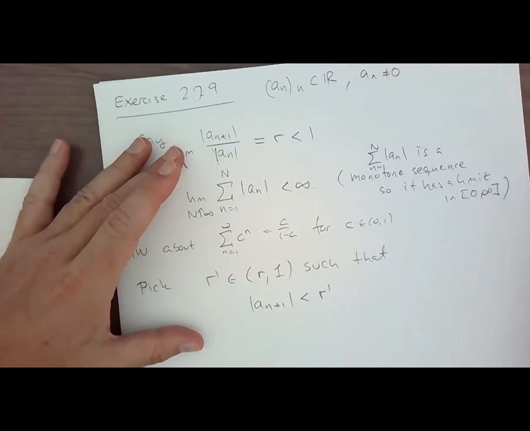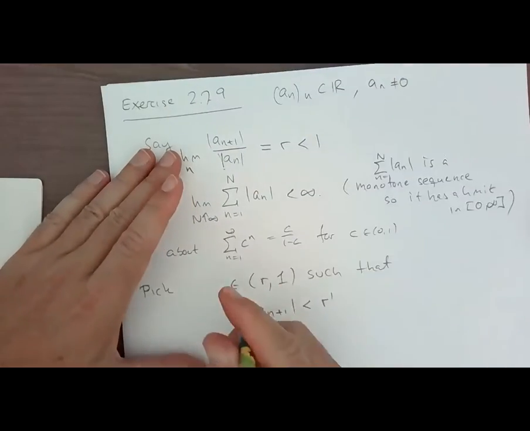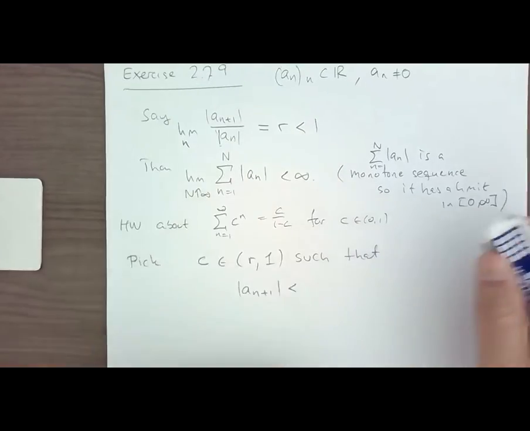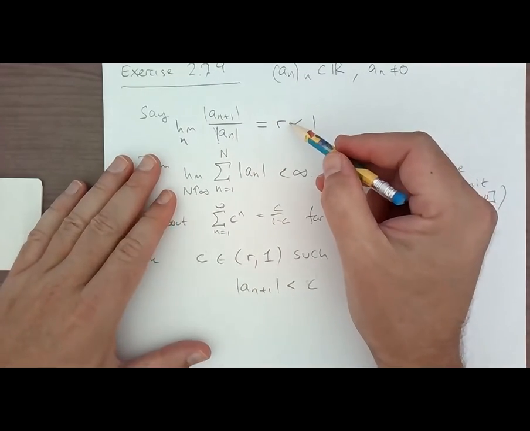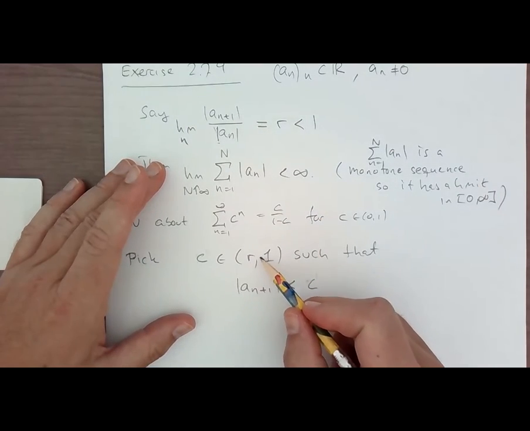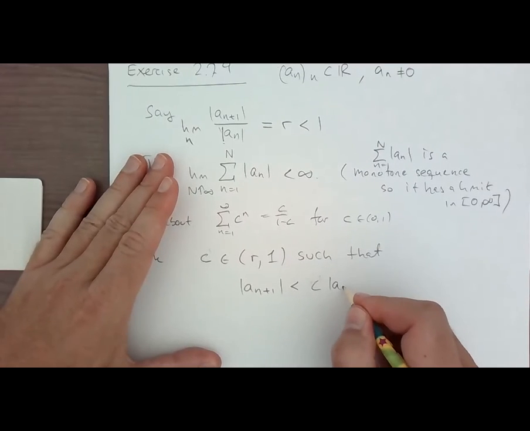Maybe I should call it C here, to make it consistent with your homework. So I'll pick something like that. Right, this ratio converges to R. So if I just consider something that is potentially a little bit bigger, then I'll get an upper bound like that.